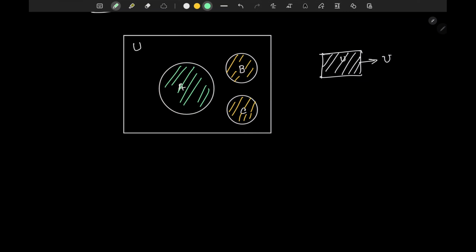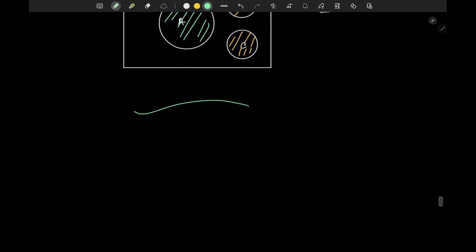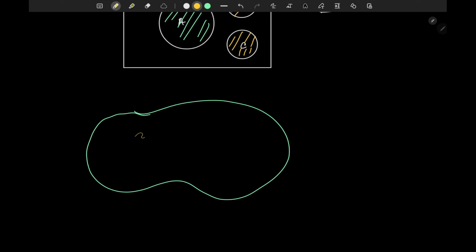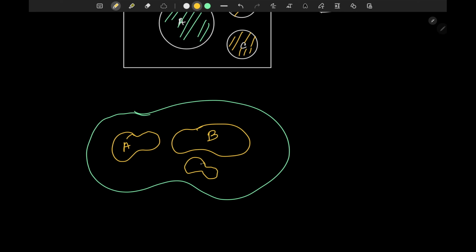Instead of a rectangle, I could take my universal set that looks like this, some arbitrary shape. And I could label set A as this, B as that, and C as this as well. And it's also fine. This is also a Venn diagram.